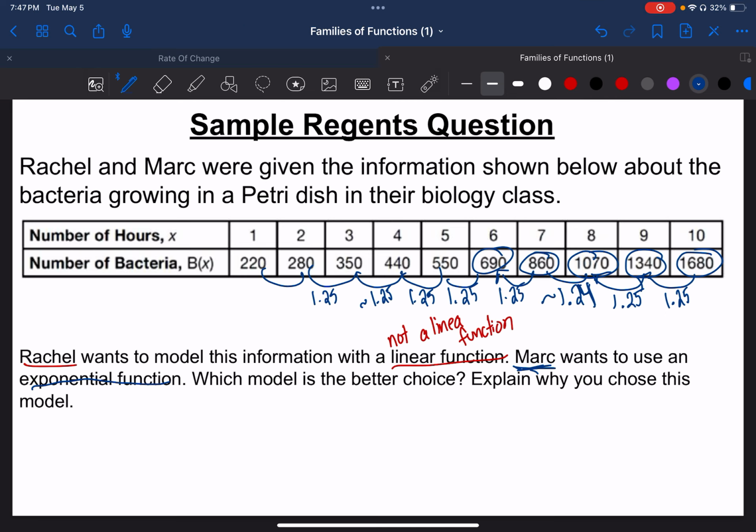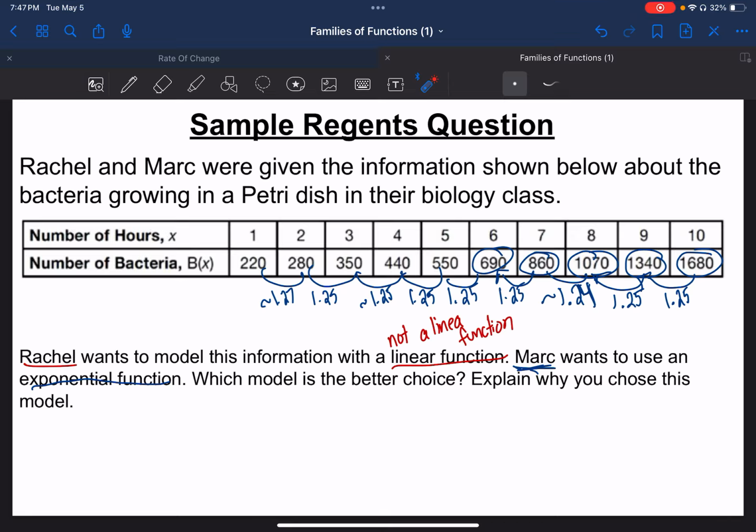And lastly, 280 divided by 220, and it's about like 1.27. But pretty much, again, I rounded them, but they go to a lot of decimal places, and they all seem to be multiplying by the same number.